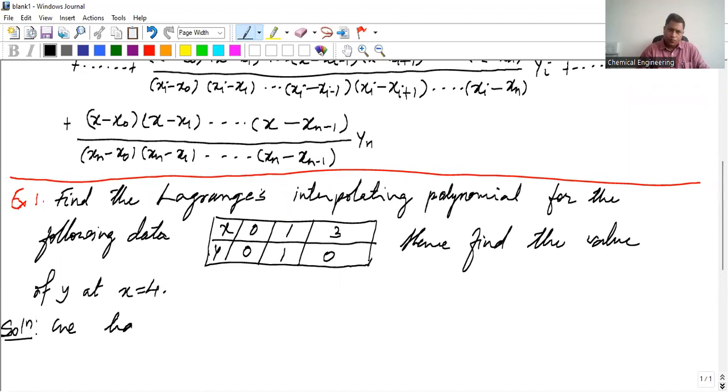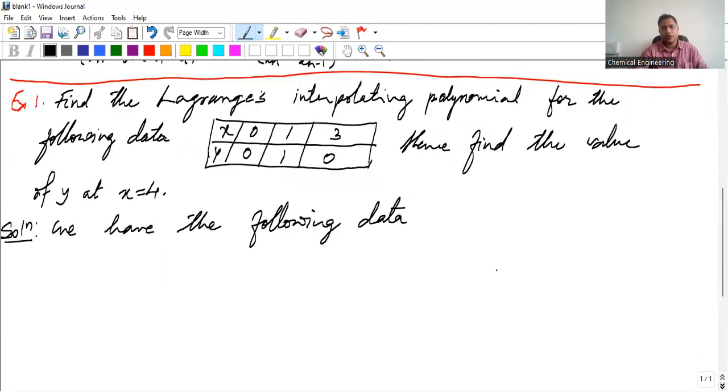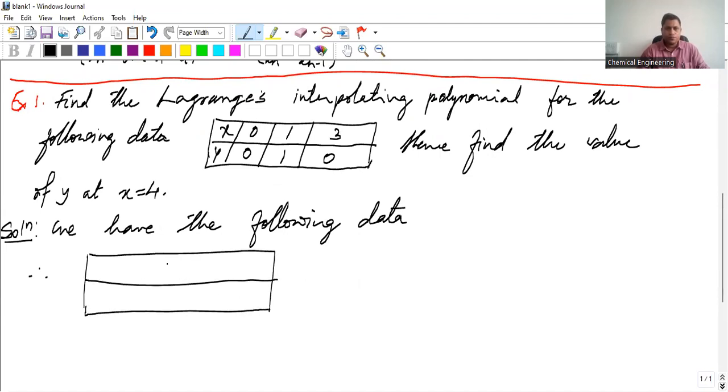So we have the following data of x and y: 0, 1, 3 and 0, 1, 0.